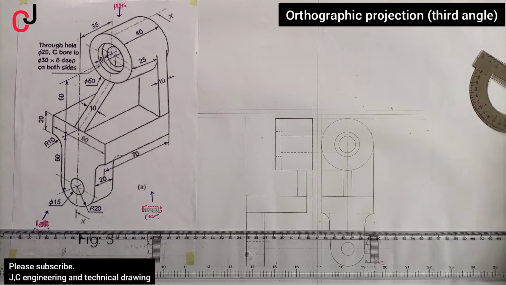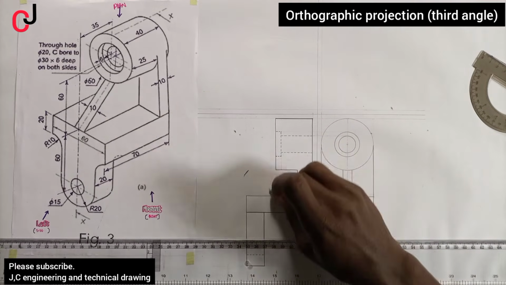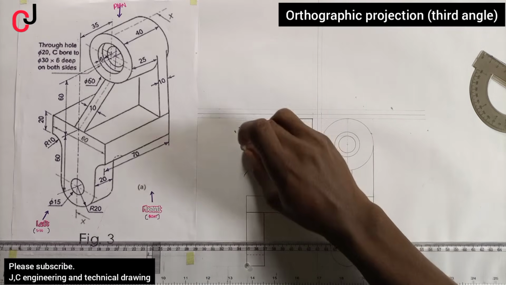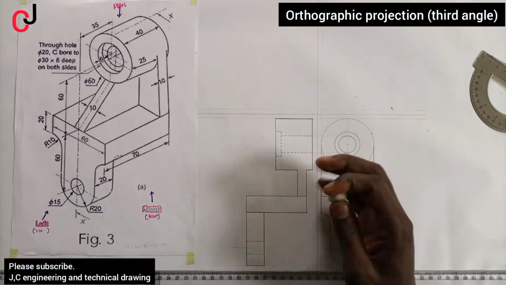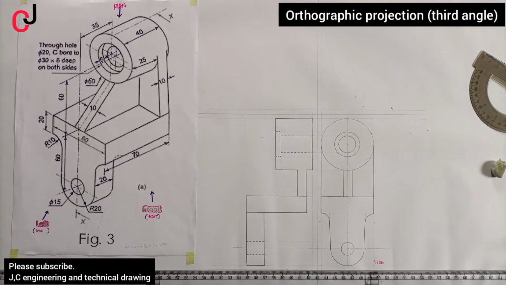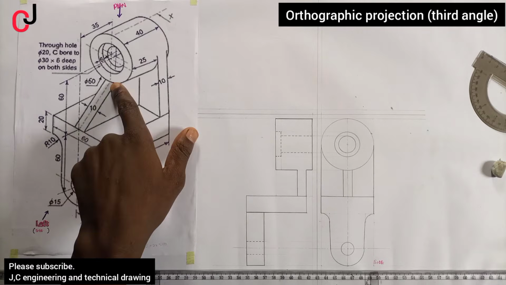Then the next thing we do, we dull our construction lines. After dulling all our construction lines, we'll check what is left to do. Now if you are looking at it from here, you can see this is touching this over here.